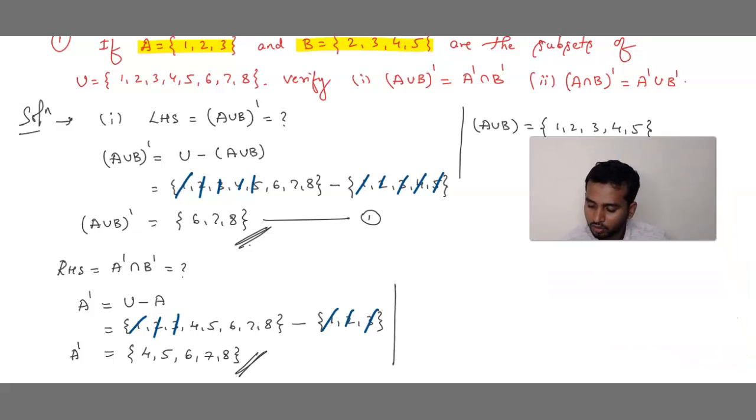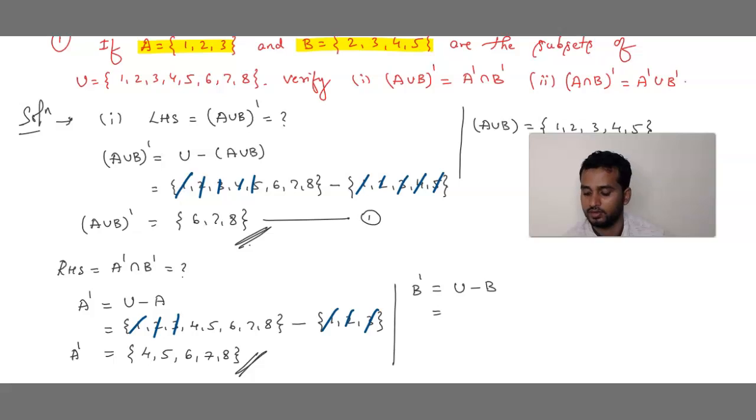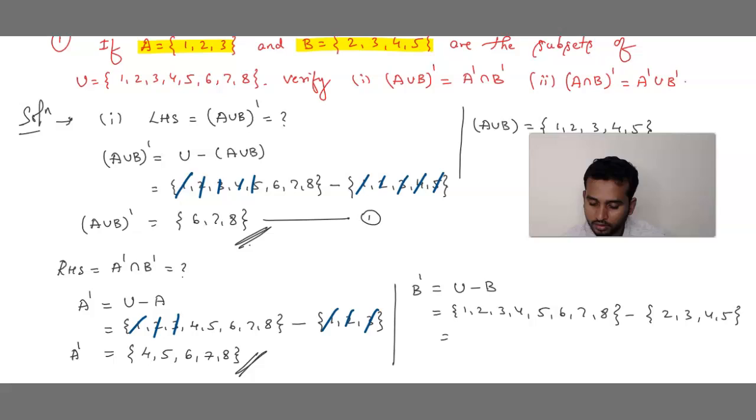Similarly, can we solve B transpose? Yes. Now B transpose means U minus B. What is set U? 1, 2, 3, 4, 5, 6, 7 and 8. Minus set B 2, 3, 4, 5. Correct? Can we cancel the terms?